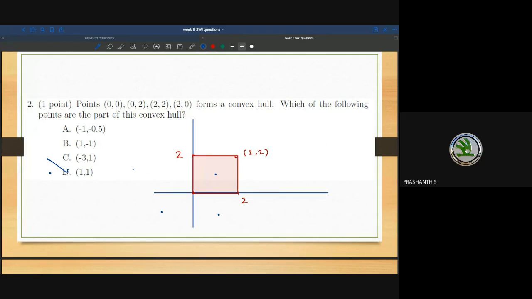Sir, if the set S contains non-negative vectors, like in this question, all the vectors are non-negative, sir. So the vector containing a negative component will not be part of the convex hull. Will it be?